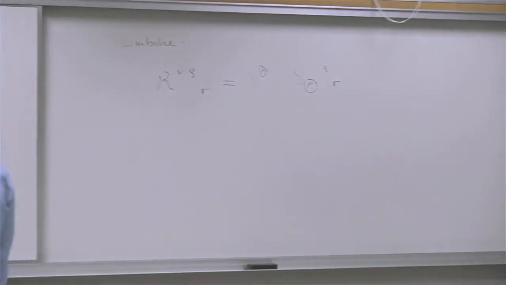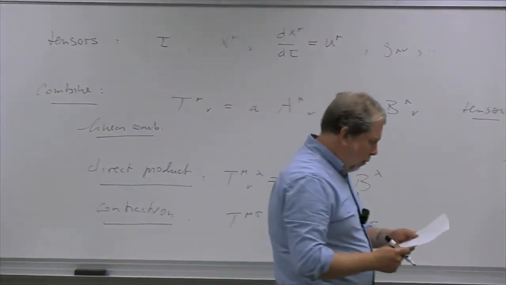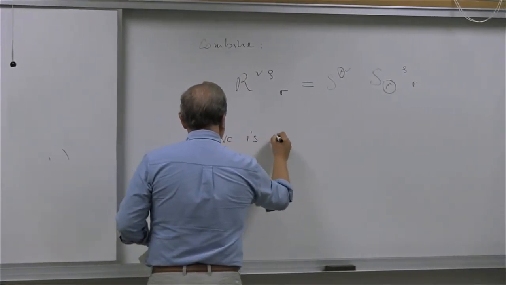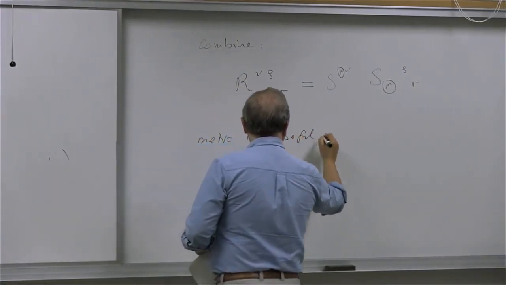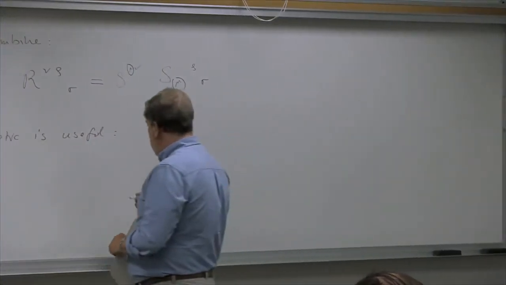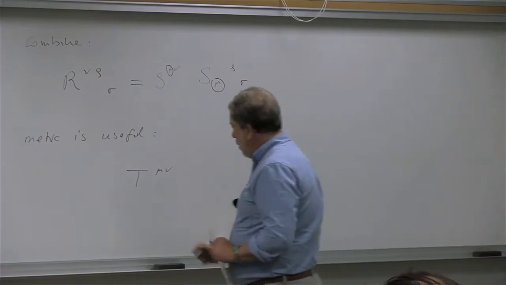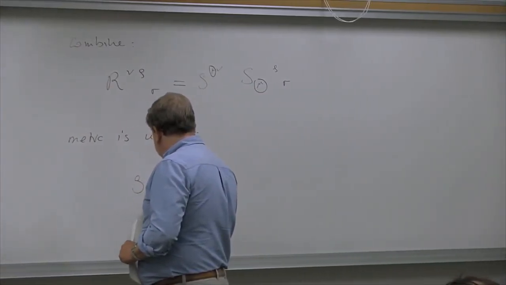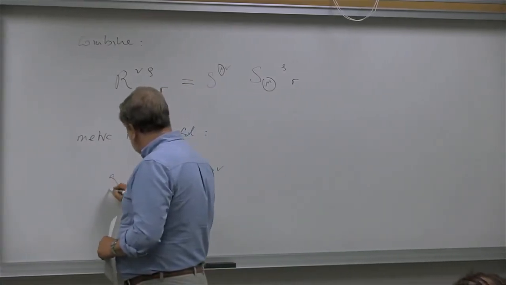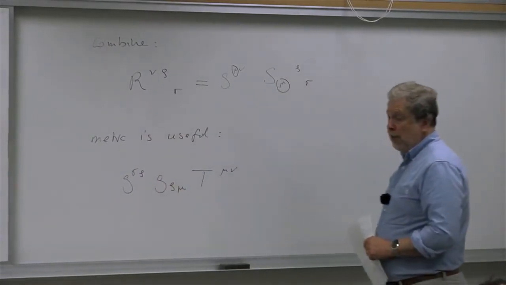So all these wonderful operations are very helpful. And so we can use the metric. The metric is useful in many ways, but also in lowering and raising indices, because you can start out with an object that has two indices upstairs, and now you can multiply by g rho mu, and then you can multiply by g sigma rho, and these indices are summed over, and so that will just give you a Kronecker delta.